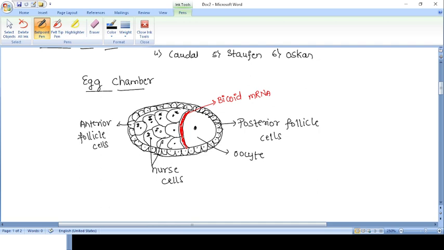This is nanos mRNA. This is nanos mRNA. This is our egg chamber.